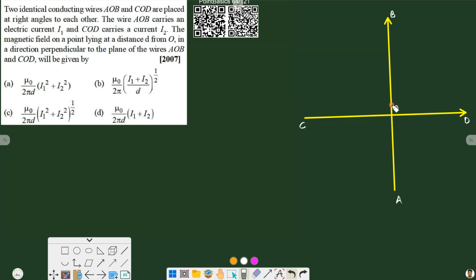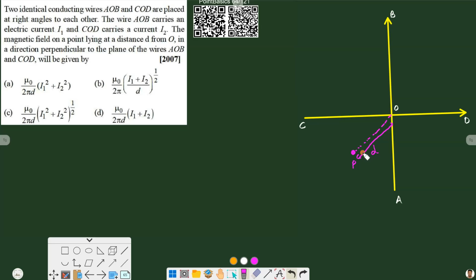So it is perpendicular to both planes, meaning it is in the Z direction. Somewhere here is our point, suppose point P, and this distance is equal to d.